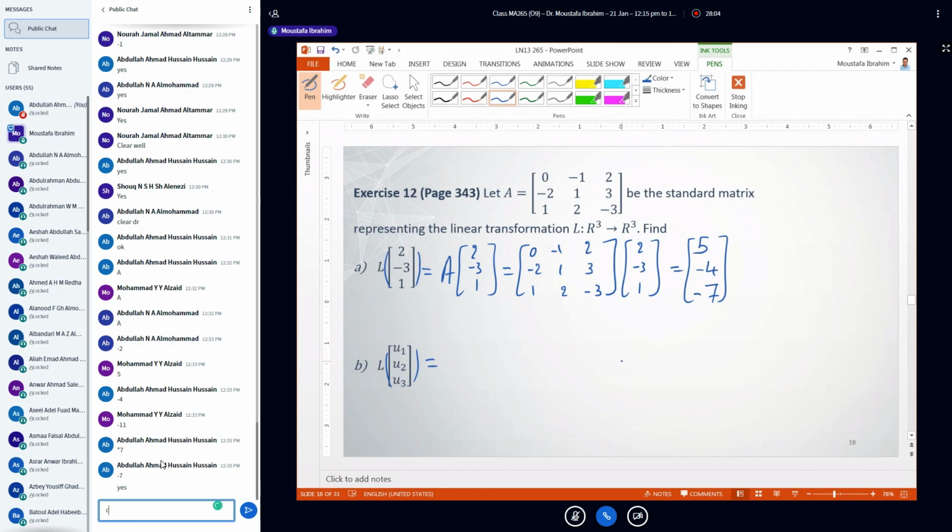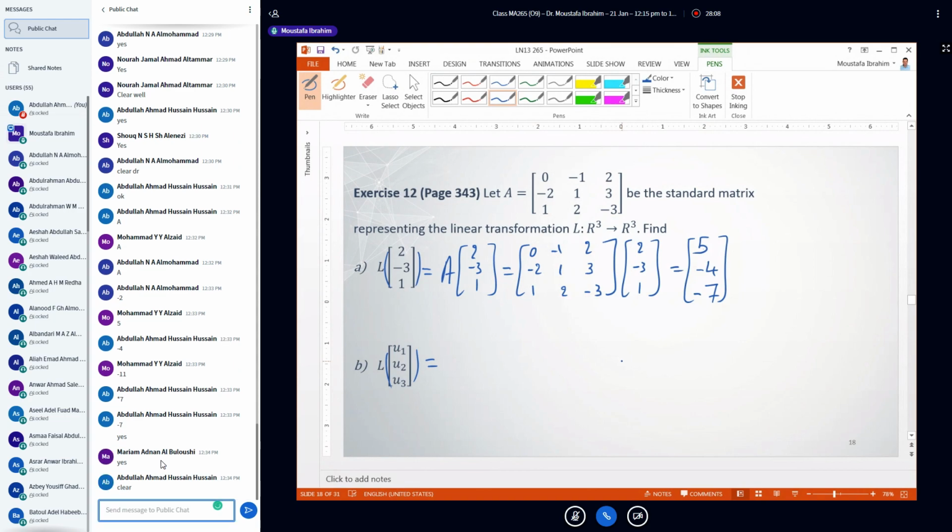So we see, if we have the matrix, directly we can find the output for any vector. Even we can find the definition. Here, look, this definition. Also, it's A times (u1, u2, u3). So it will be the matrix [0, -1, 2; 2, 1, 3; 1, 2, -3] times (u1, u2, u3).